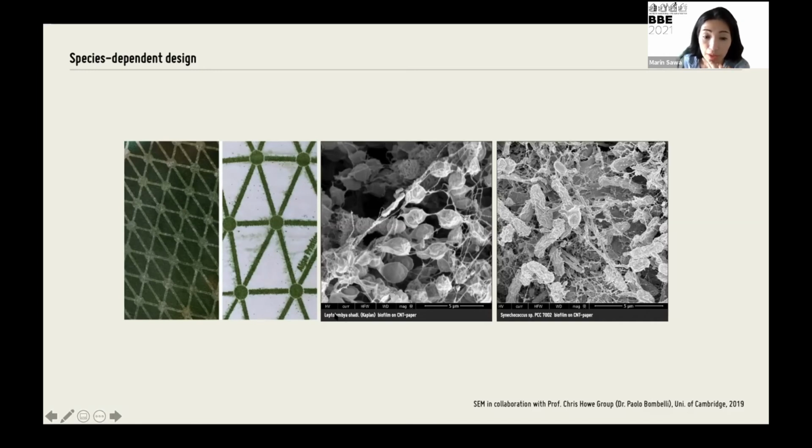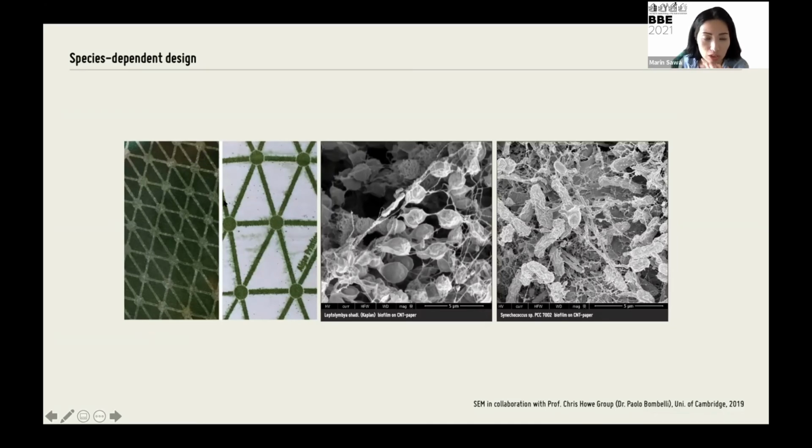One is Lectolimbia ohadi, a desert cyanobacteria, which forms really robust biofilm excreting EPS, which I hope you can see here in the middle of this slide. The EPS production is very distinct, especially compared to Synechococcus biofilm on the right.